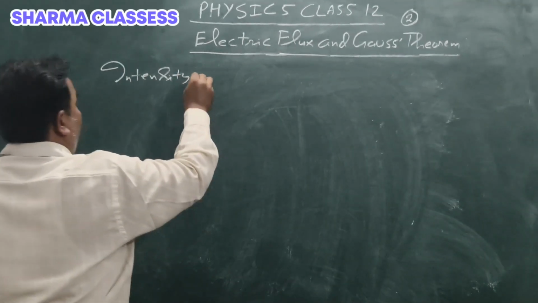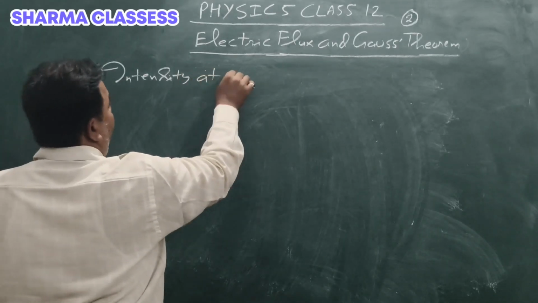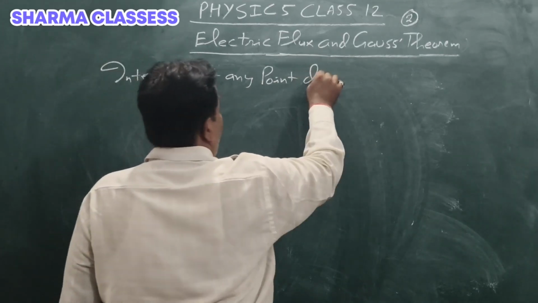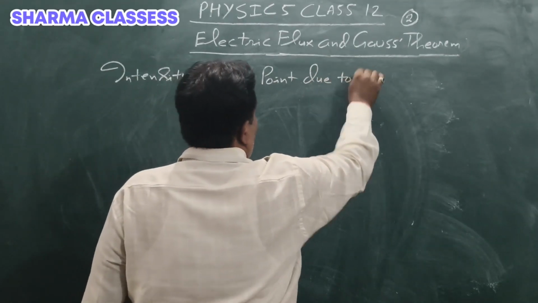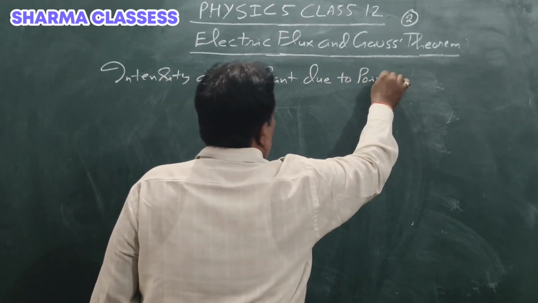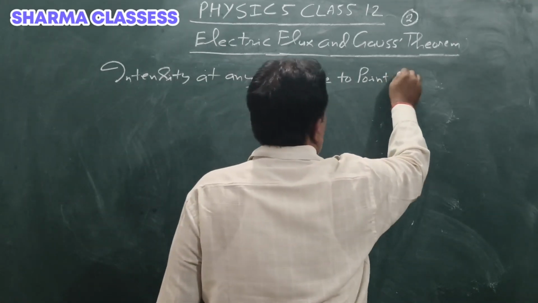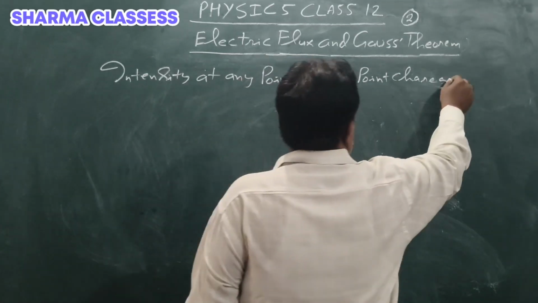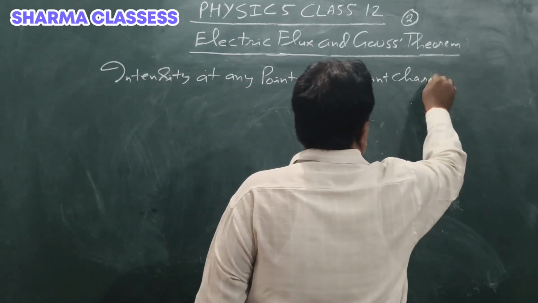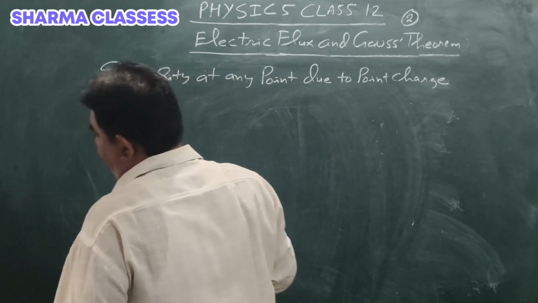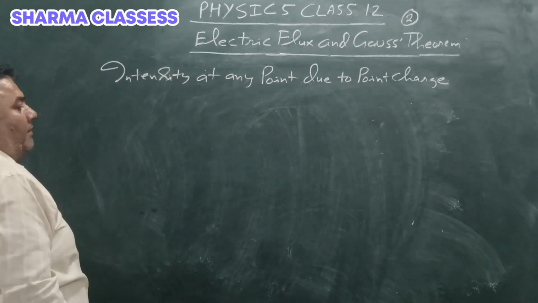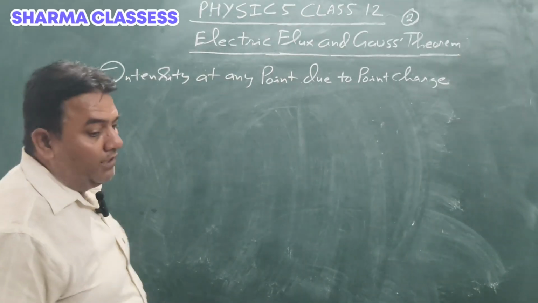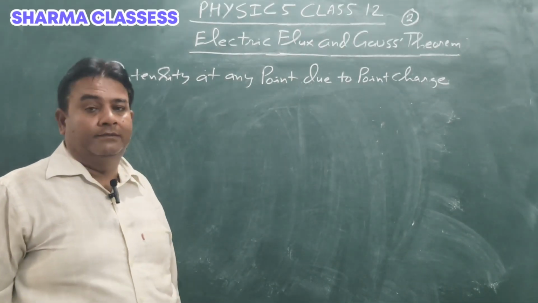In the first chapter, you read how to find out the intensity of electric field at any point due to a point charge, that is by the definition.